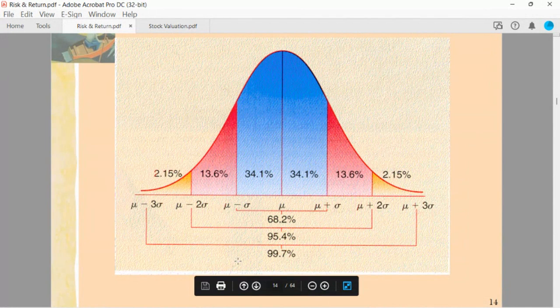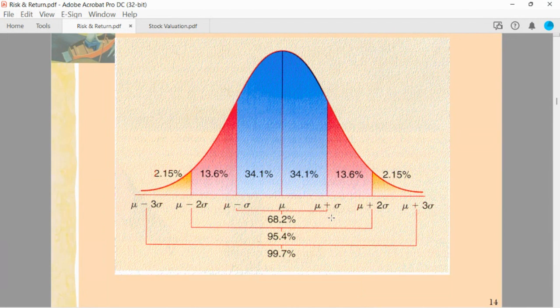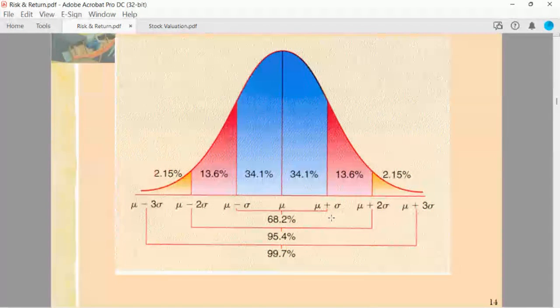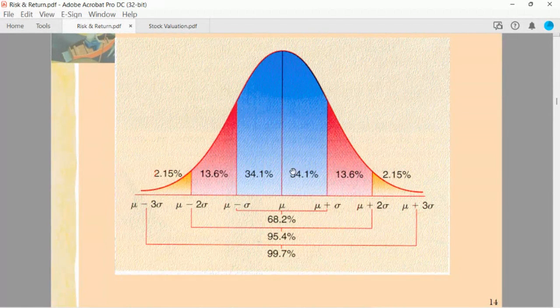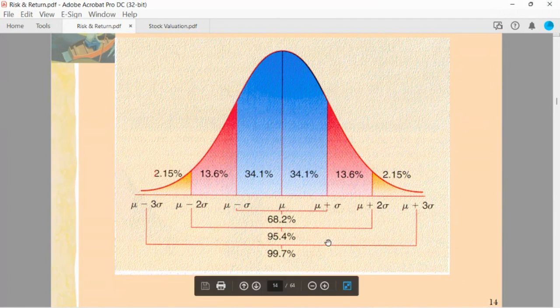This is an empirical result. So if you have 60 data points, it's more than enough. It meets the minimum requirement for normal distribution.